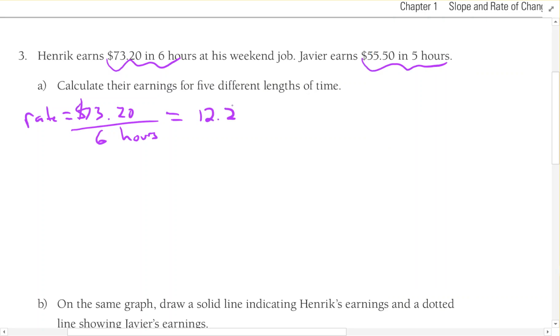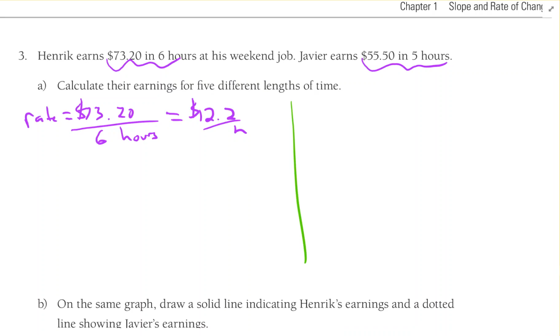So $12.2 per hour is what Henrik was making. Dollars per hour. Xavier, just 55.50 divided by 5, and that will give you the rate for him. Then I'm just going to show you Henrik here, because I don't need to do both here, I don't think.